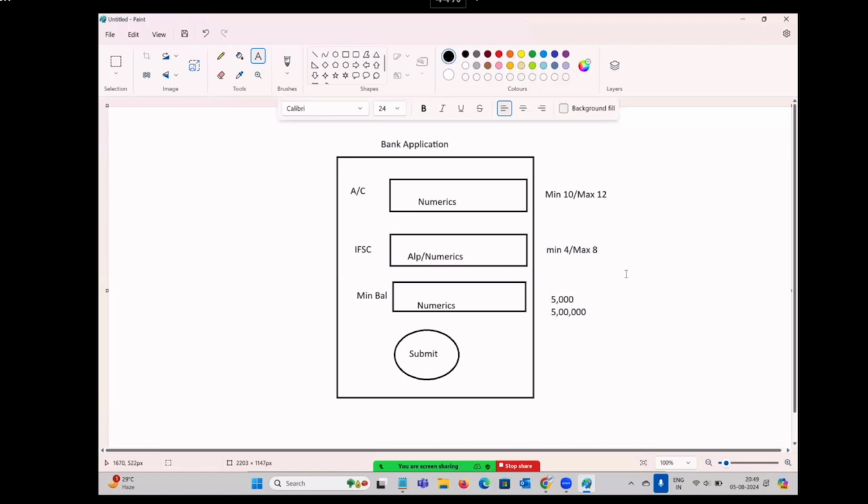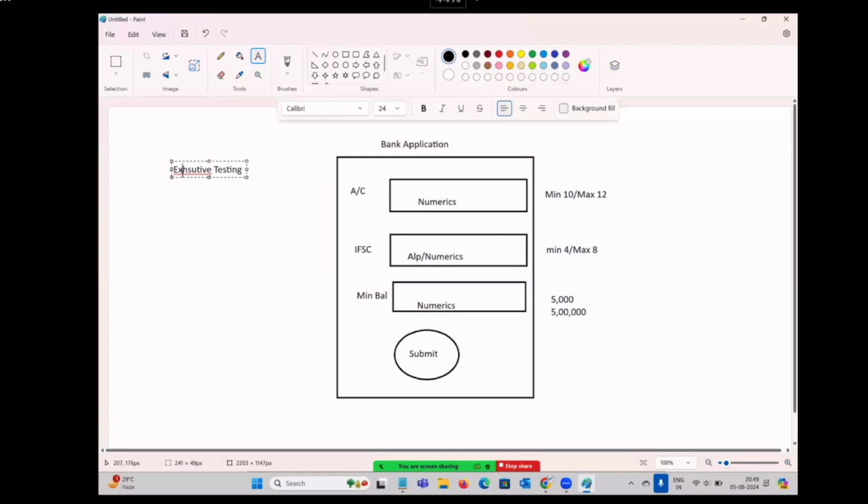This is just imagination, it is an example. Account number minimum 10, maximum 12. IFSC code minimum 4, maximum 8. Minimum balance minimum 5,000 and maximum 5 lakhs. So now we are discussing exhaustive testing.